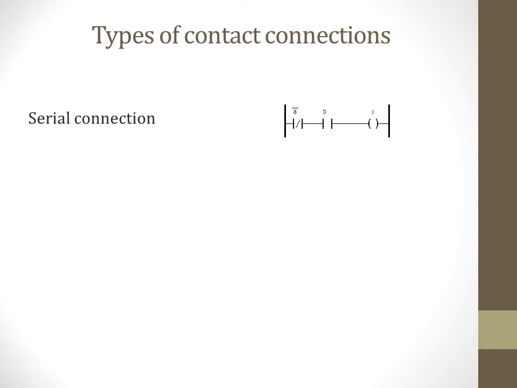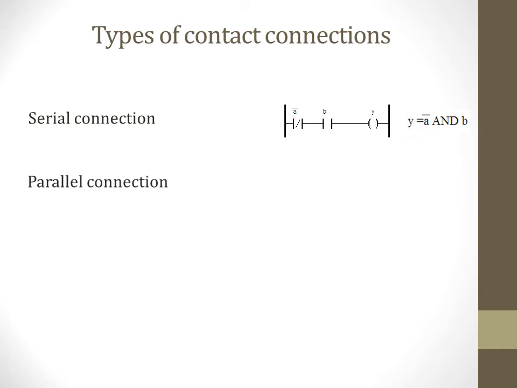This is shown on the picture. If we have such a picture, it means that the operation in this circuit equals logical operation AND. We can describe it by this equation.